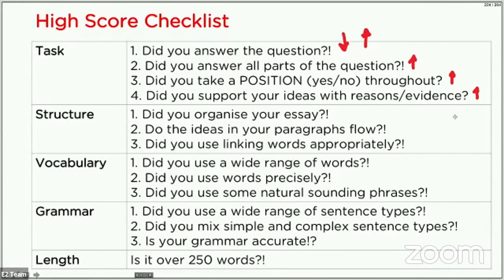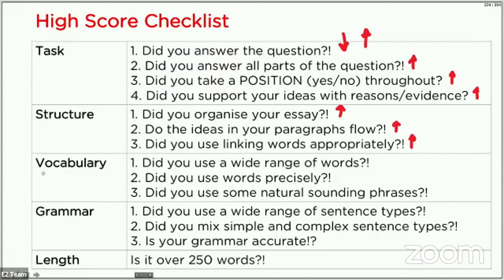Well, if you did, your score will go up. Did you organize your essay using the E2 language structure? Do the ideas in your paragraphs flow from one to the next? And also, did you use linking words like however, therefore, as a result, nevertheless, appropriately? Not too many, enough, and well.